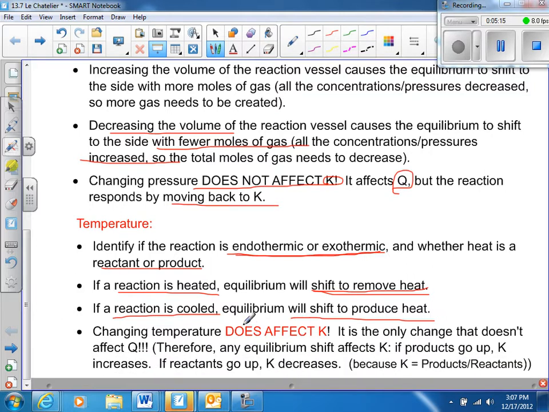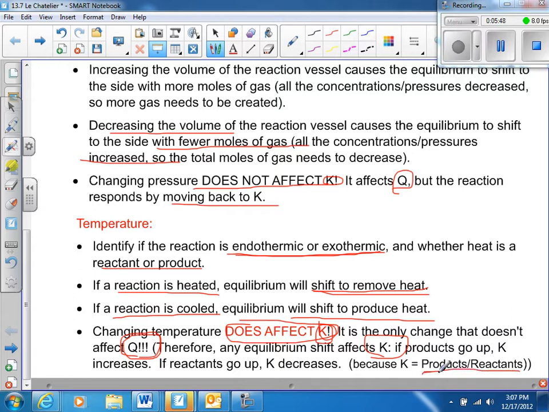And very important, if we change temperature, we have affected K. K changes. That's because we did not change Q, but the reaction does shift. Well, if the reaction shifts and we didn't change Q, we sure better have changed K. So in thinking about whether K goes up or down, it depends on whether we create more products or more reactants.